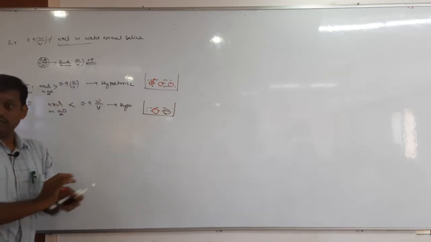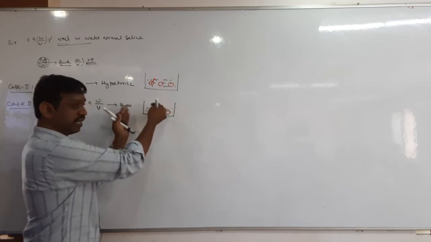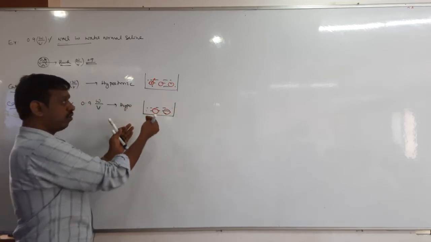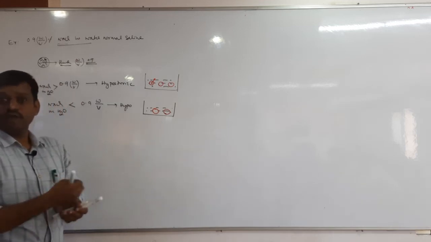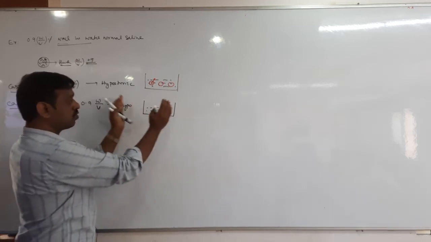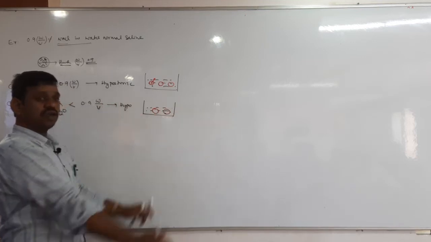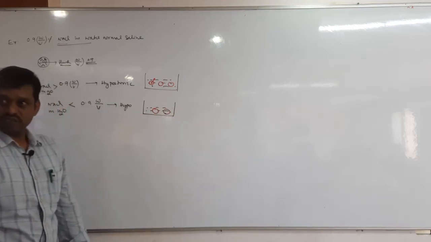If outside is less and inside is more, what happens? From outside to inside, water will flow. That means RBC will swell. That is called endoosmosis. Right?